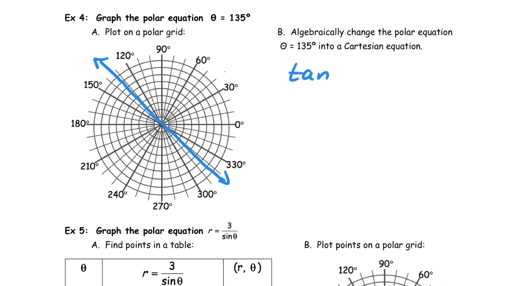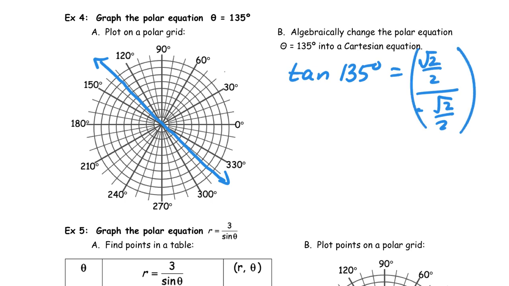Can you tell me what is tan of 135? It's square root of 2 over 2 over negative square root of 2 over 2, which is negative 1. So that means my slope is negative 1.